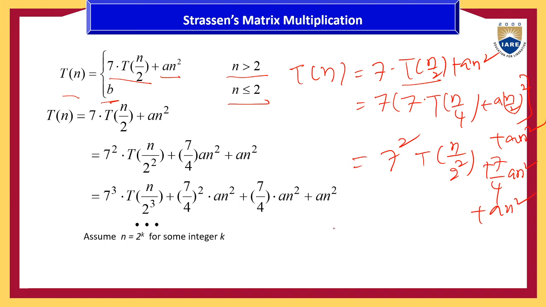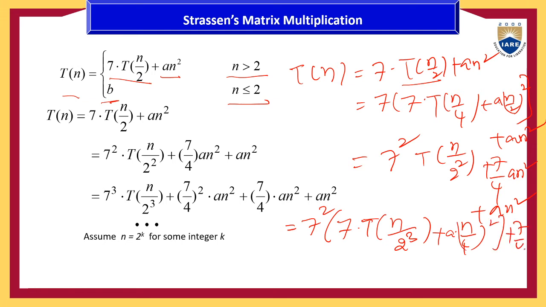Again T of n by 2 square is in the form of T of n, so we apply the same formula: 7 into T of n by 8, that is n by 2 cube, plus a into (n by 4) whole square, plus 7 by 4 a n square plus a n square.